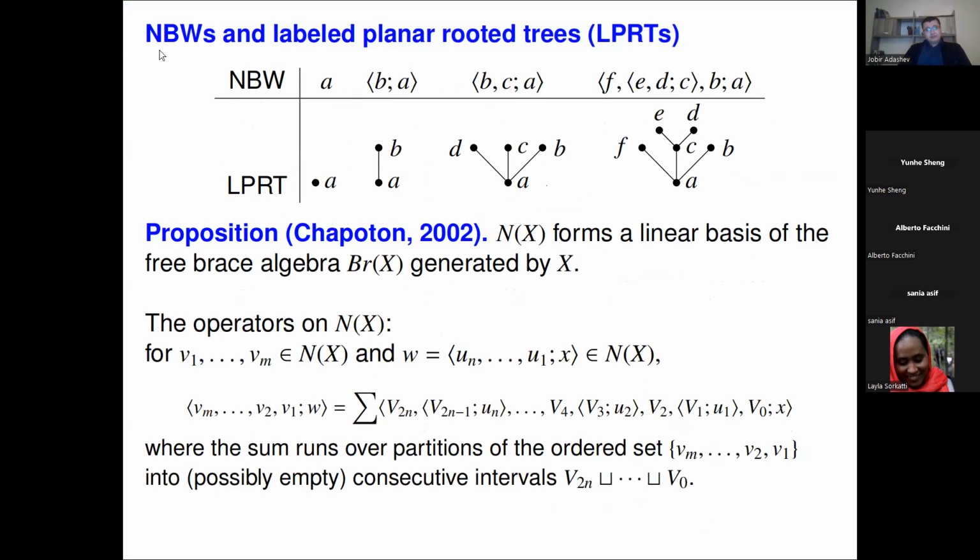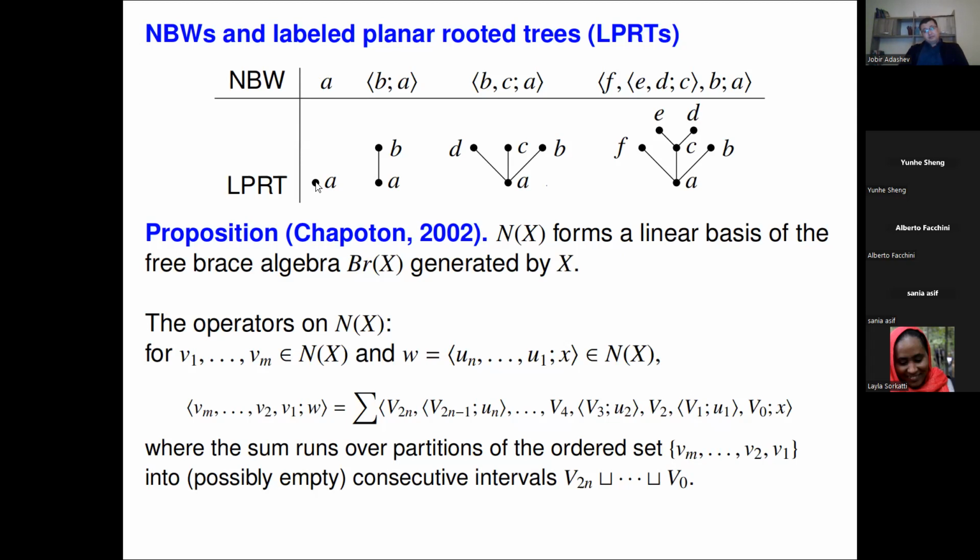The good news is that we can relate the normal brace words and the labeled planar rooted trees. They have a one-to-one correspondence. For the letter a, we can use the tree labeled by a.